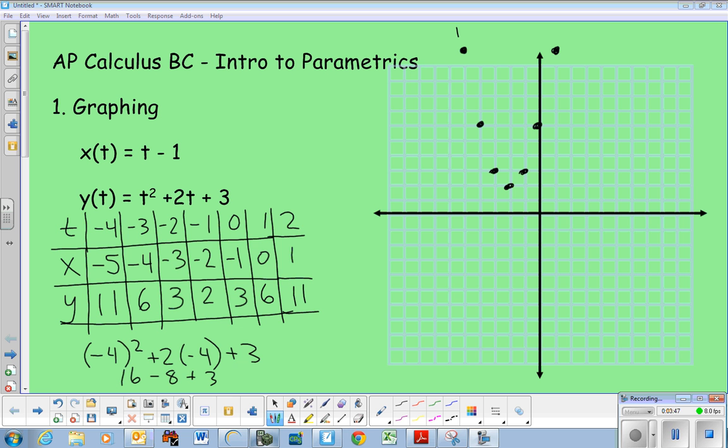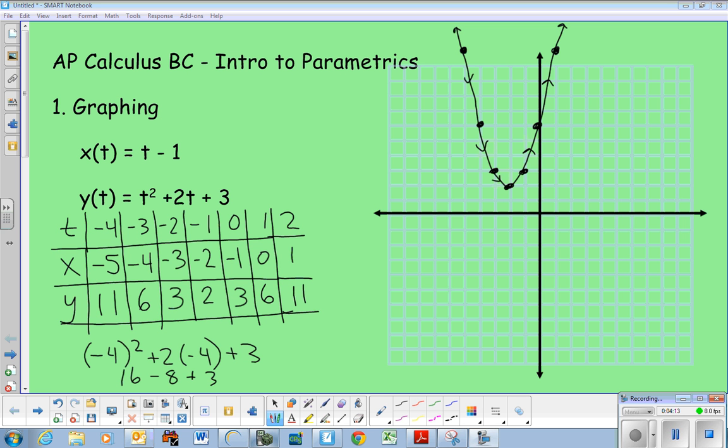Now, a big difference in the graphing of this parabola versus a different parabola is I need to indicate the direction in which I was moving as t grew from smaller to larger. Basically, from your first point, just draw little arrowheads that show I'm moving that way.